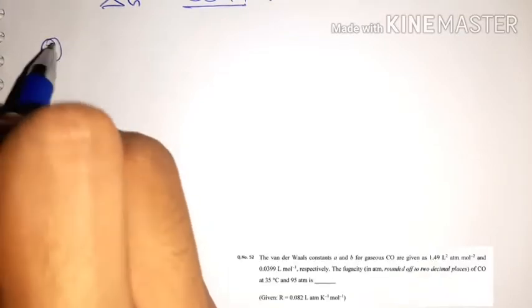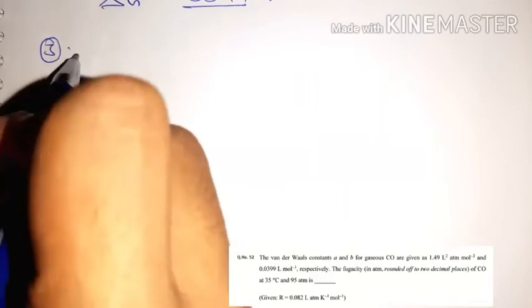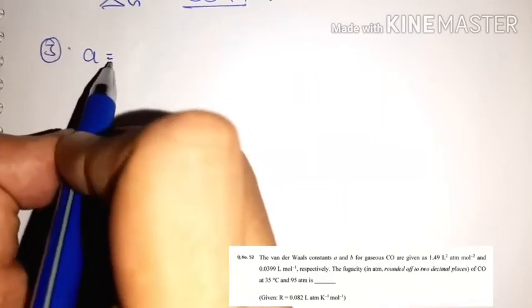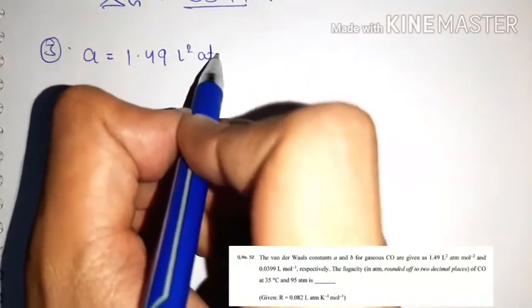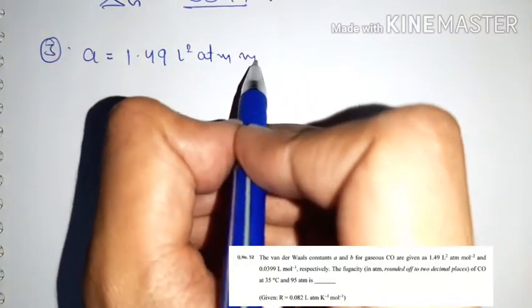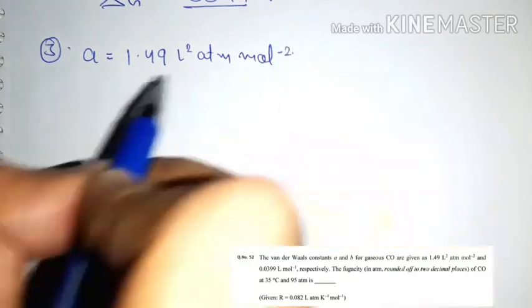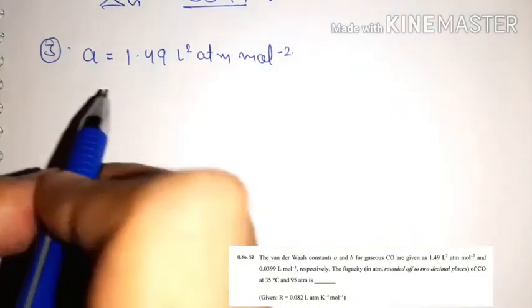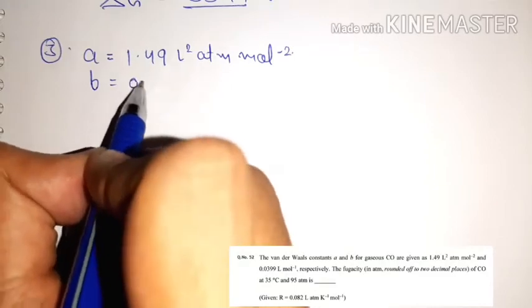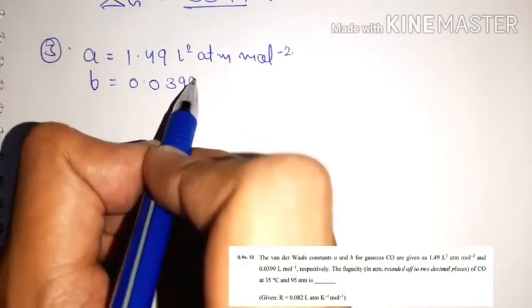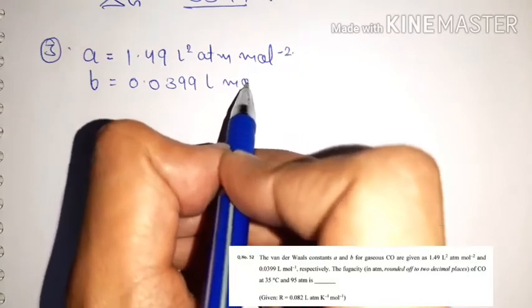Now first of all we can write what we have in our question. So we have a that is constant. The value is 1.49 liter square atm per mole square. Then we have the value of b, another constant. The value of b is 0.0399 liter per mole.